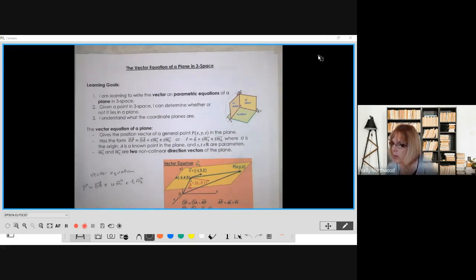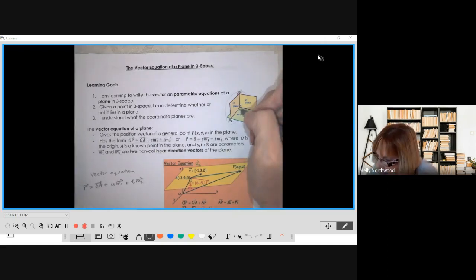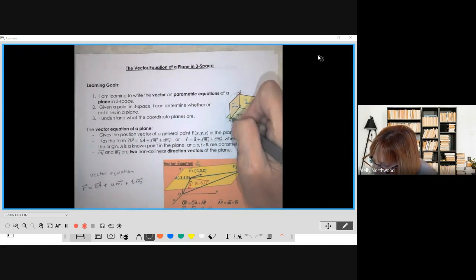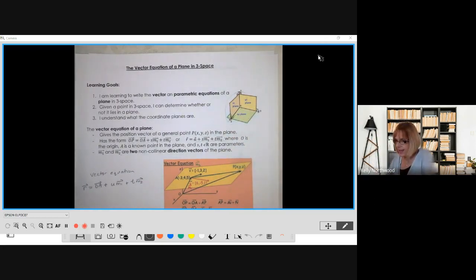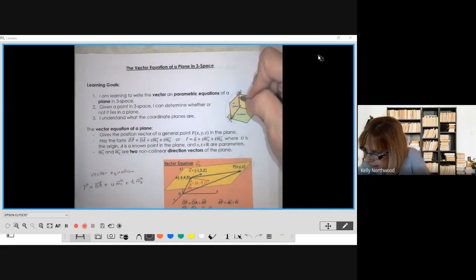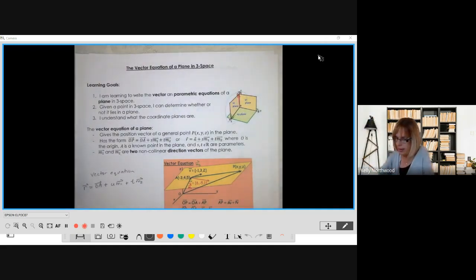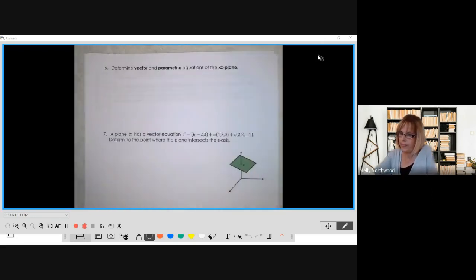Does anyone think they know 2 easy direction vectors to find for the XZ plane? Okay, I'll help you out. The x-axis is one direction that you could use. And the z-axis would be another direction that defines the XZ plane.